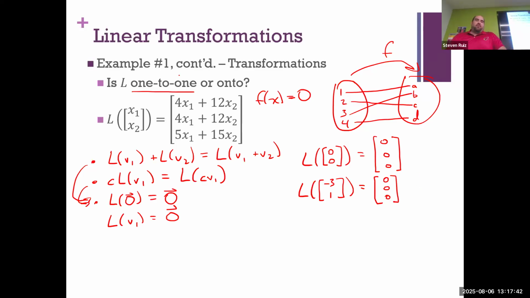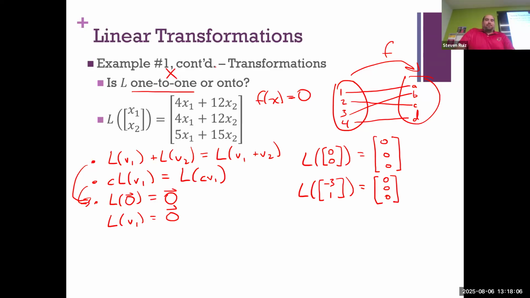So that means that 1-to-1 is not true, because if it was 1-to-1, we wouldn't have multiple vectors in our domain that got mapped to 0. So questions on that idea of 1-to-1?